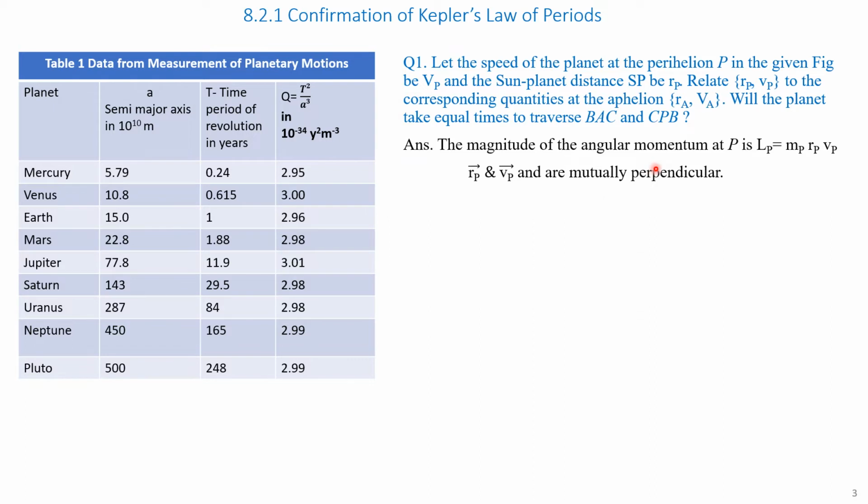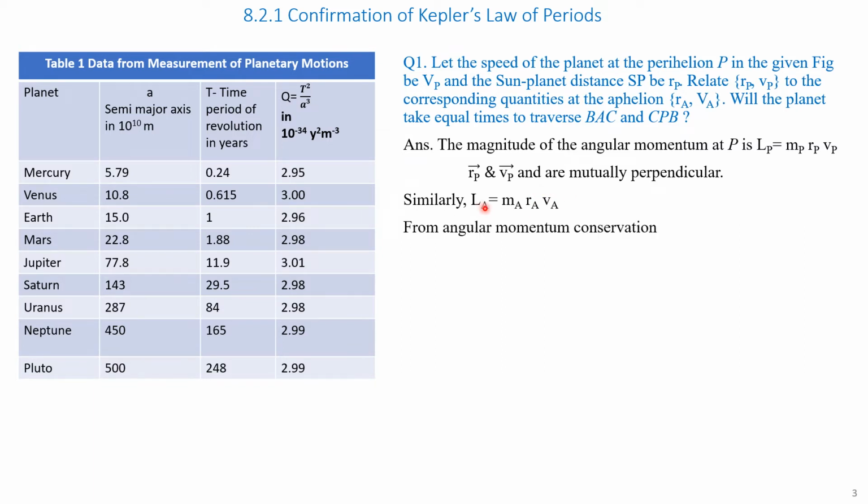Therefore, the magnitude of angular momentum at P is given by Lp equals mass m times Rp times Vp. Here, R and V are mutually perpendicular, that is, the distance and velocity are mutually perpendicular.